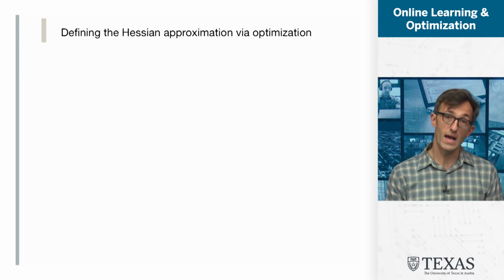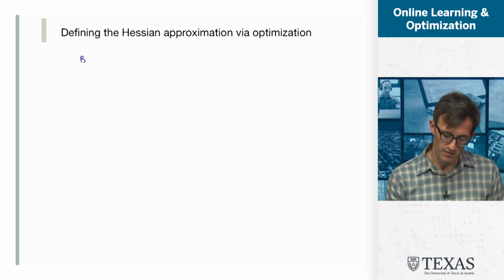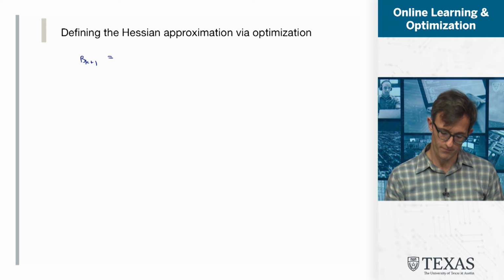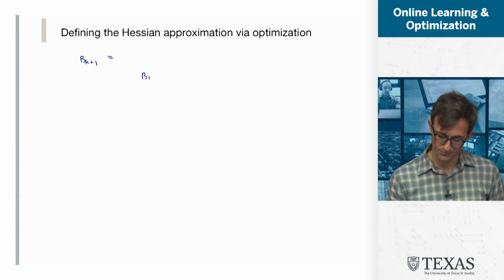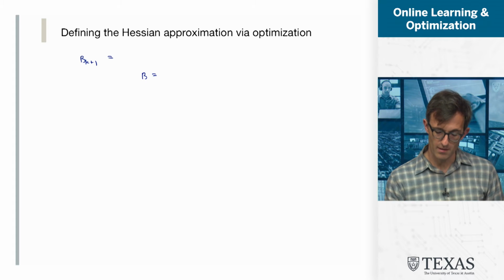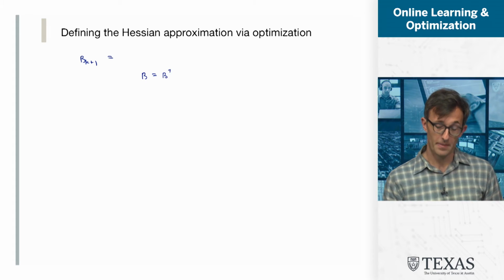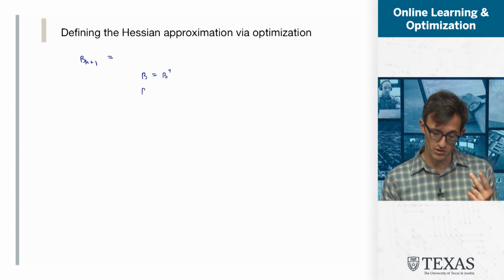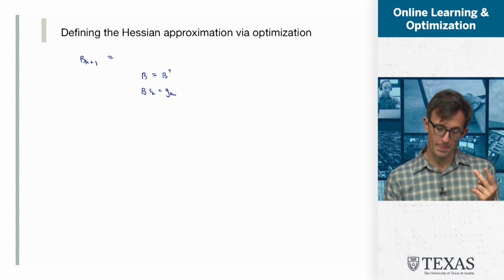So what we're going to ask for is B_{k+1}. I want this to be symmetric. I'm going to define this as an optimization problem, but I'm going to ask that it's symmetric and that it satisfies the secant equation, B s_k equals y_k.